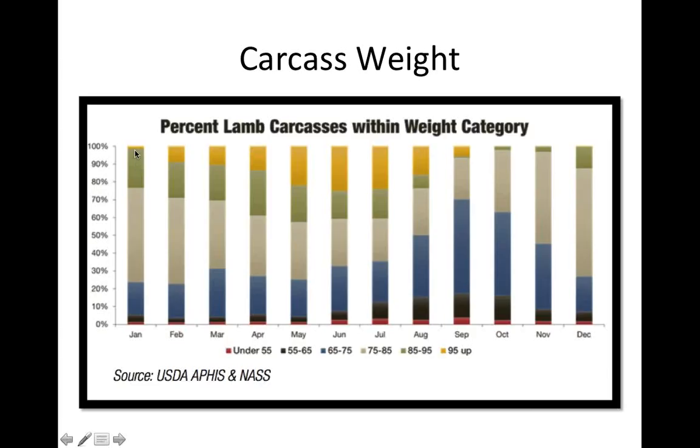And so as we move into the spring months, we go from almost no 95 pound carcasses to May and June, where almost 25% of the carcasses are 95 pounds and up. And this creates a major challenge for our packers because they have to find a market for all of these large carcasses.